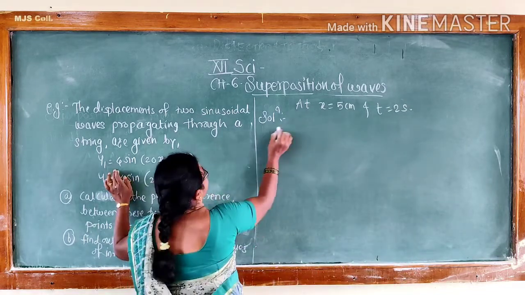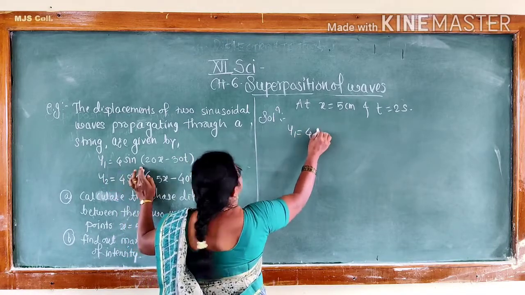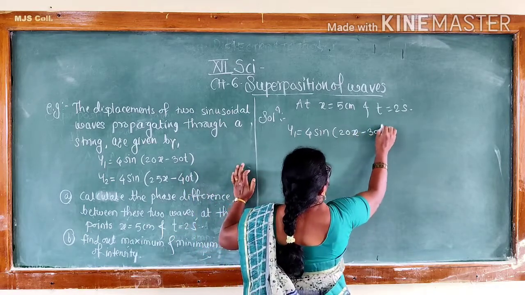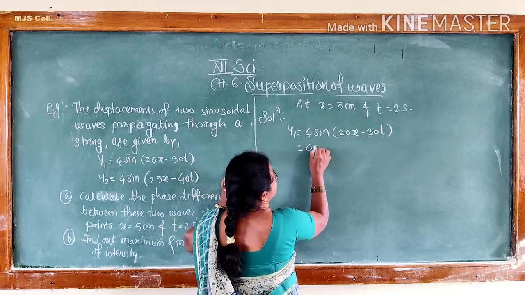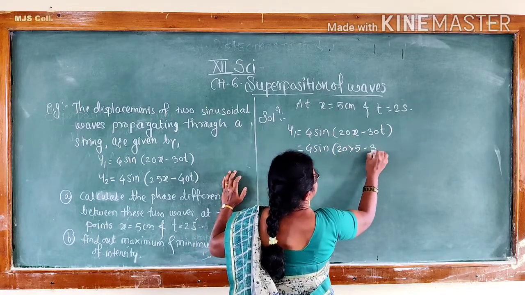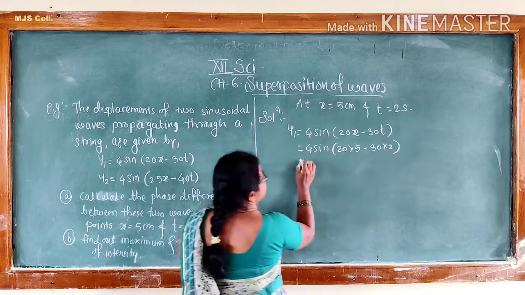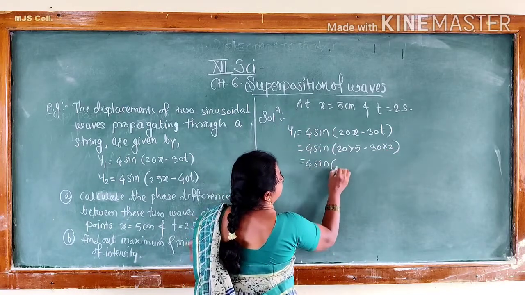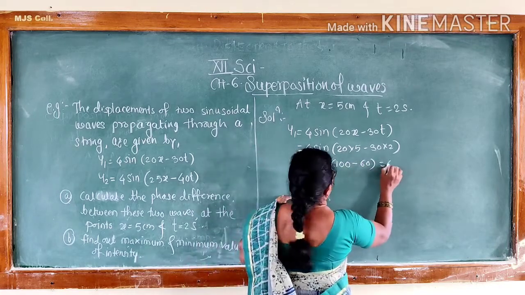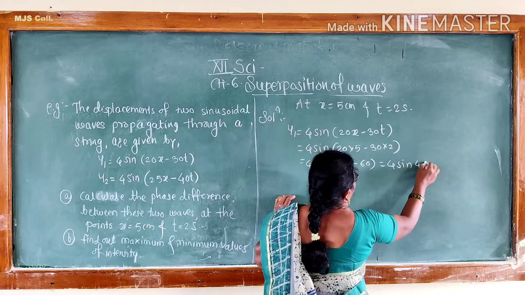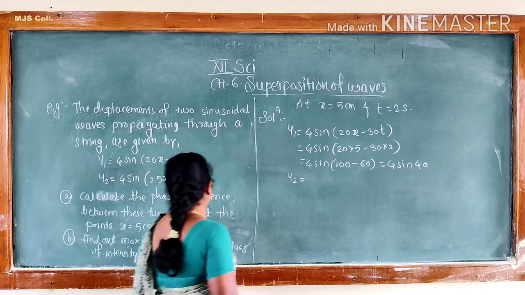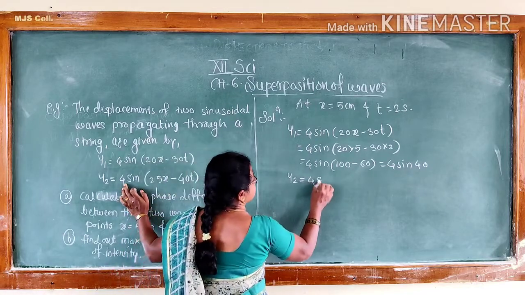Okay, so y1 becomes 4 sine of 20x minus 30t, which becomes 4 sine of 20 multiplied by 5 minus 30 multiplied by 2, which is equal to 4 sine of 100 minus 60. That is equal to 4 sine of 40.